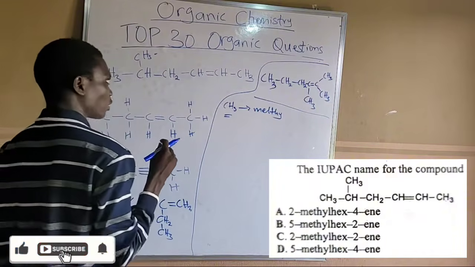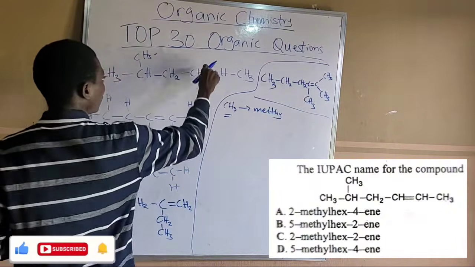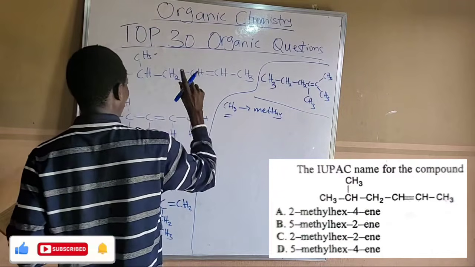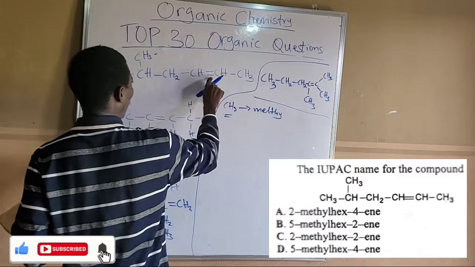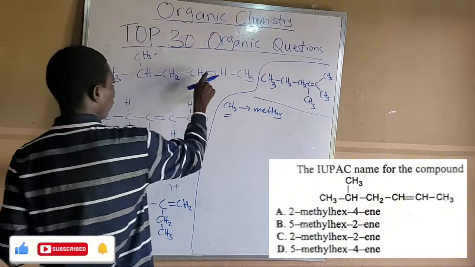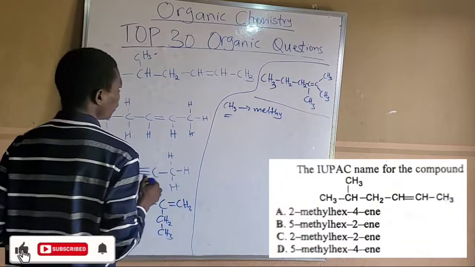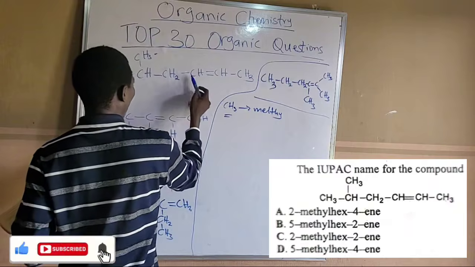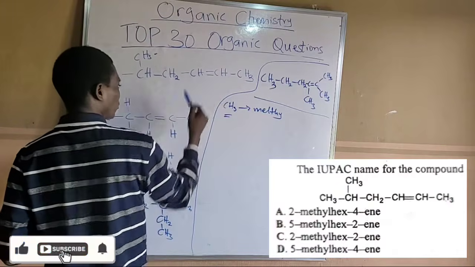What determines where to start is this double bond. If there is no double bond, what determines will be this. But because the double bond has a higher priority than this methyl, we must number in favor of the double bond. If I go like this, I need to count 1 2 3 4 carbons before I get to this double bond.